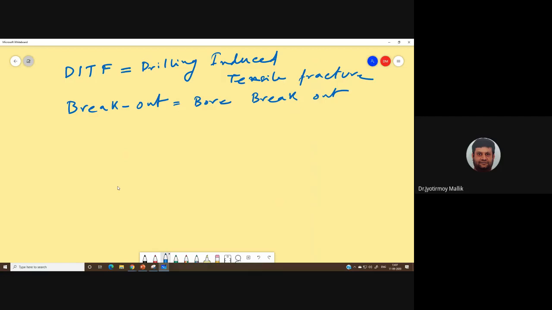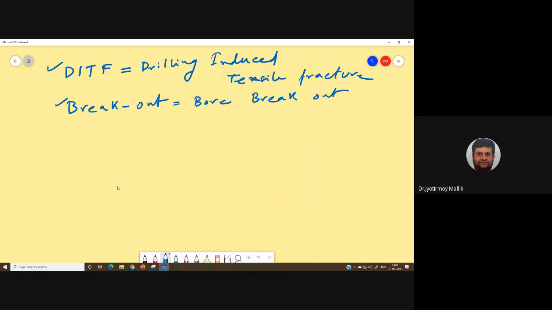Now, the drilling-induced tensile fracture and borehole breakout, they form while you are operating regularly. Okay, but by mistake, maybe you have actually enhanced the fluid pressure of the drilling mud.